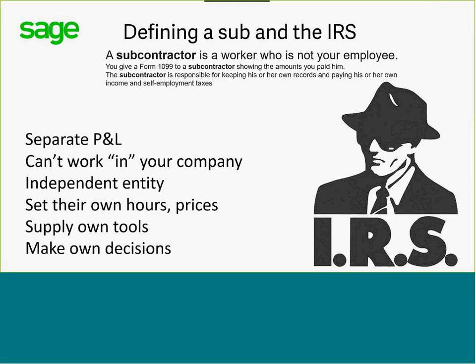The second one is financial control. If they have to invest in their own tools and any expenses, they're responsible for their own taxes, and they control their own P&L and bottom line, they are a 1099.